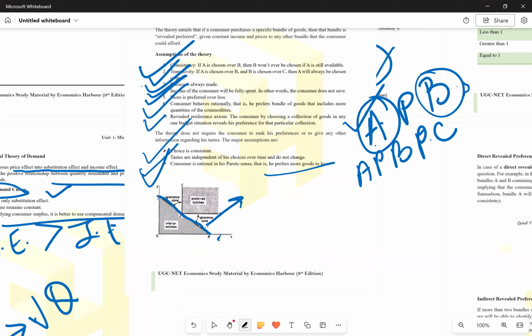So any point above this line means that the consumer cannot afford that bundle. And any point below this line will be an inferior bundle, simply because the consumer is in no way going to save. He will just consume his entire income. Okay.